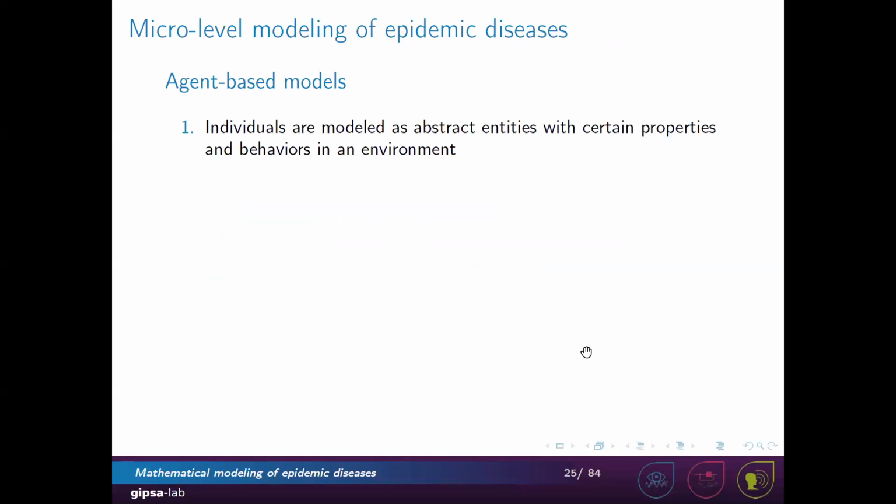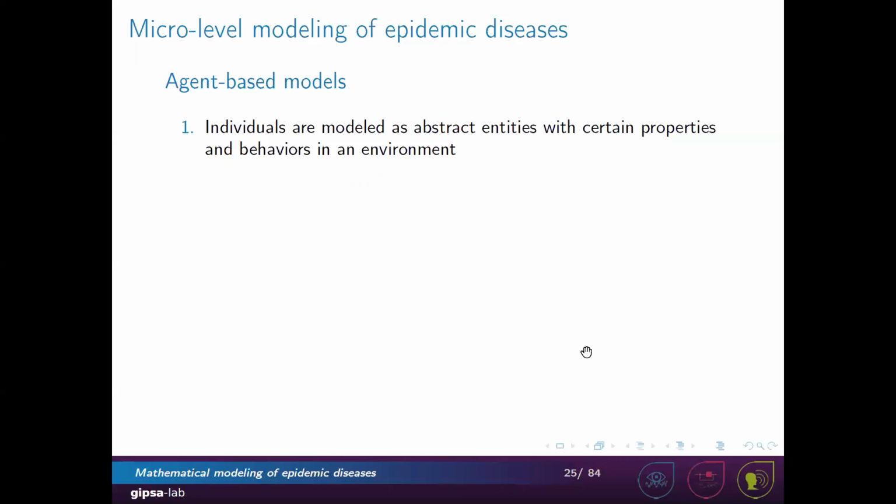In this approach, the population is modeled at the individual level. Each individual is simplified, as we called it, level of abstraction. Each individual is simplified and modeled from certain aspects.